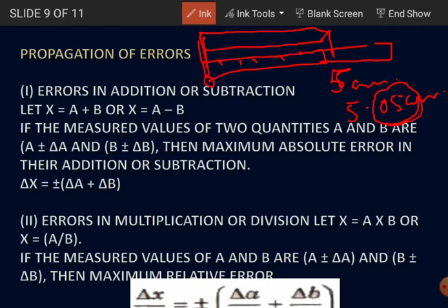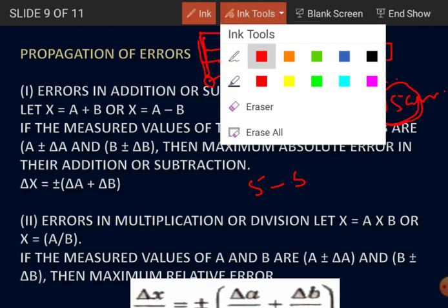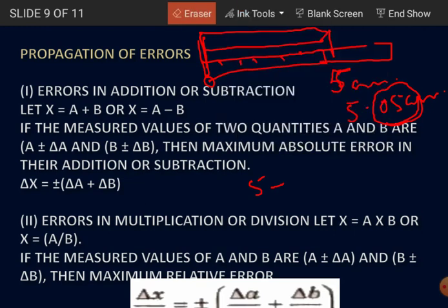So we generally say that the measured value lies between 5 centimeter minus the error. So I'm sorry, the error is 0.05 centimeter.